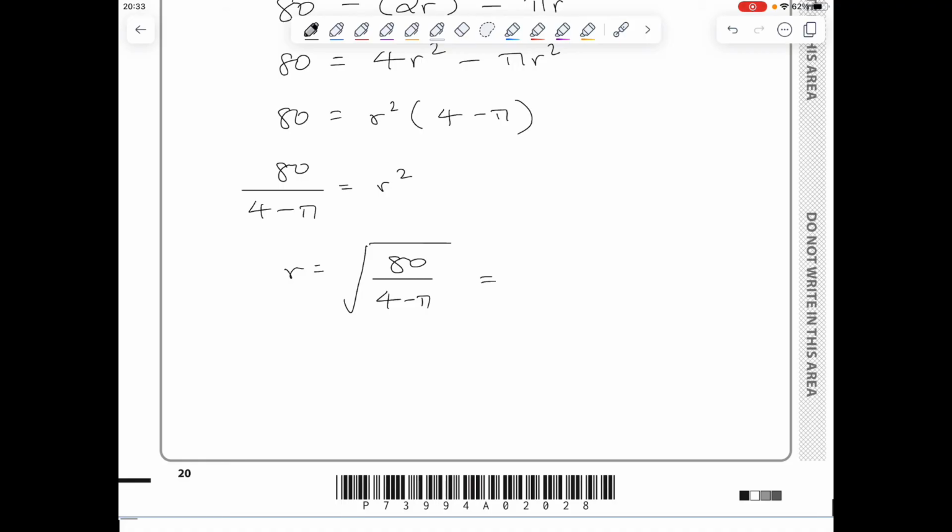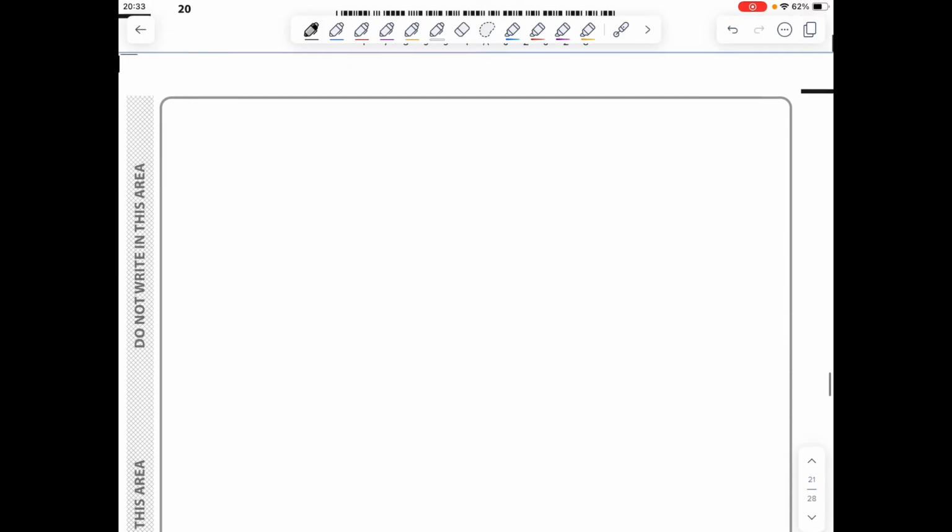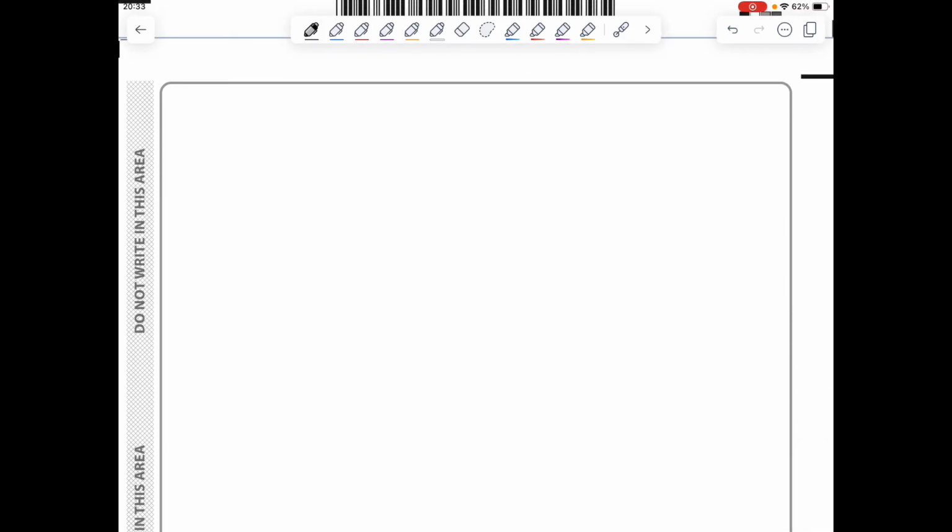As a decimal, this is 9.65 and so on, but I have the exact value for future calculations. So now let's use Pythagoras theorem to find the diagonal. AC squared is equal to 2r squared plus 2r squared. This is 4r squared plus 4r squared, and simplifies to 8r squared.